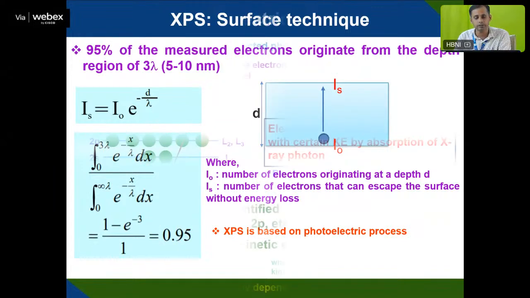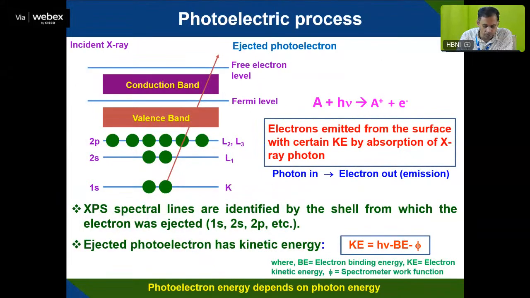So here, if you see the principle of the photoelectric process that happens during X-ray photoelectron studies, you have a conduction and valence band. Inside, you can see 1s, K, L, 2p, all those are core electrons. Here is the 1s electron. So once you apply h nu, that is the X-ray photon, because of this, the atom or molecule or the system will get ionized, and you will eject an electron: A plus an electron.